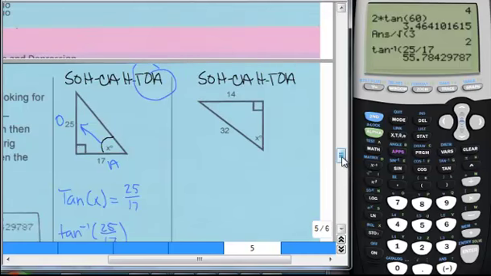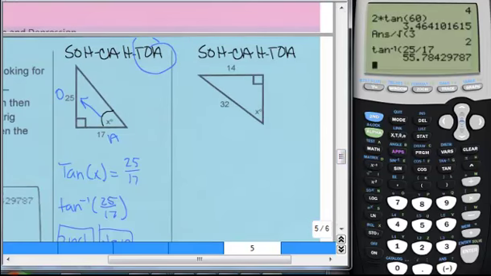Okay, so for this problem, if we're looking at this angle, 32 is our hypotenuse and 14 is opposite. So opposite over hypotenuse is sine. The sine of x is opposite over hypotenuse, so 14 over 32.